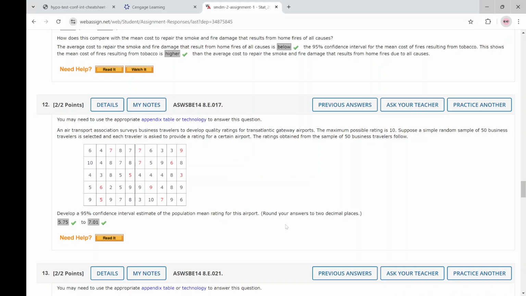Now I'll show a different kind where we don't have population standard deviation. The maximum possibility rating is 10. Suppose a simple random sample. Here no sample population standard deviation is given, right?